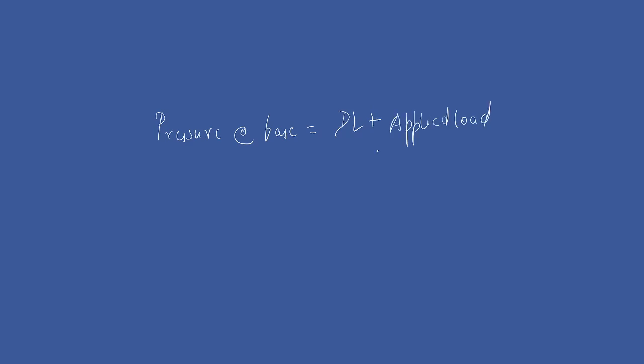Since we are calculating the pressure, we need to multiply it with the area of the footing. Minus, we'll be having the buoyancy pressure from the water also, which you can say as U.